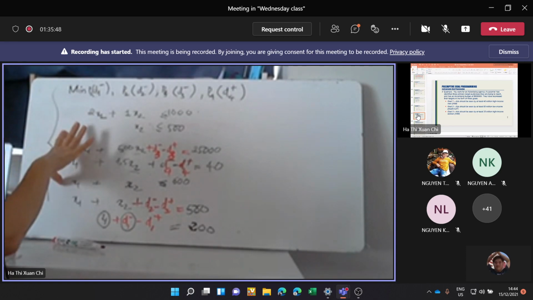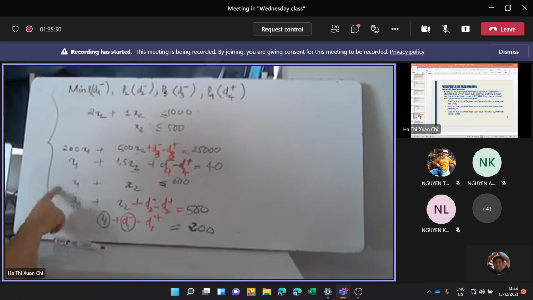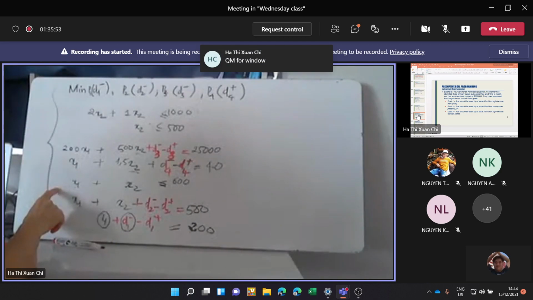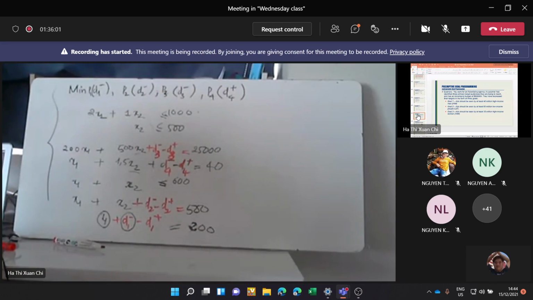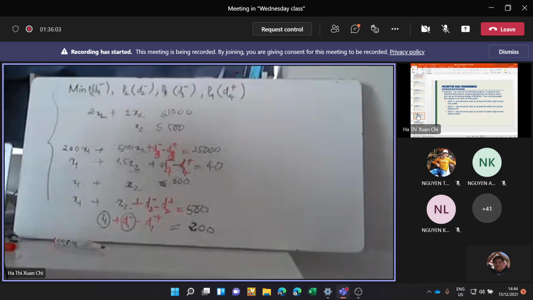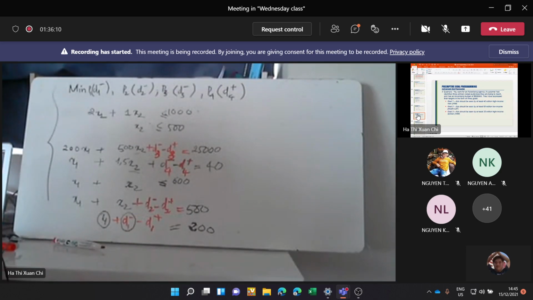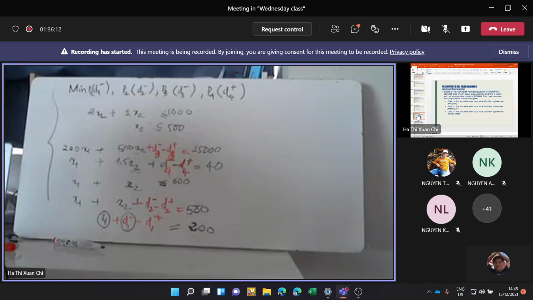You put your model in the software and it can help you to solve the goal programming. Okay, what's more about it? And right now I give you an example here, so you can practice formulating.